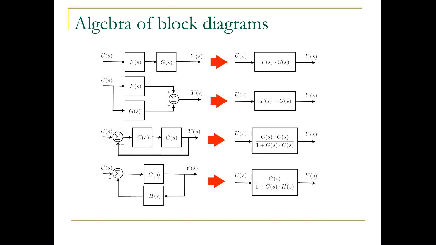Note that this plus before u in both cases means that this error signal is really u that comes with plus, and then y that comes with minus. So the signal here, the input to C of S, is really u minus y. Okay? That's what this summer means.